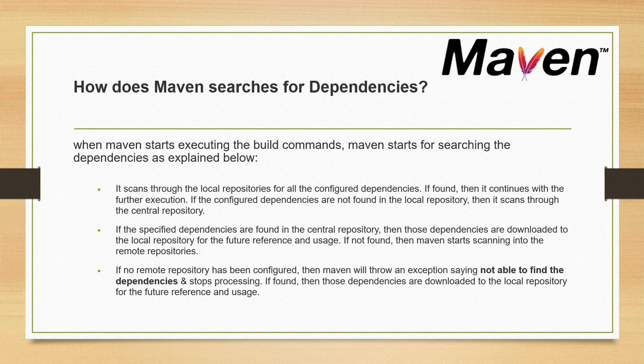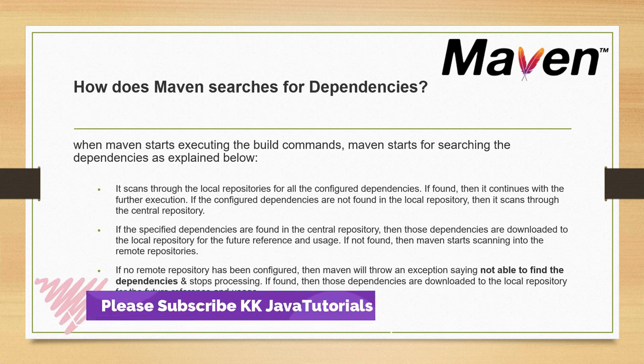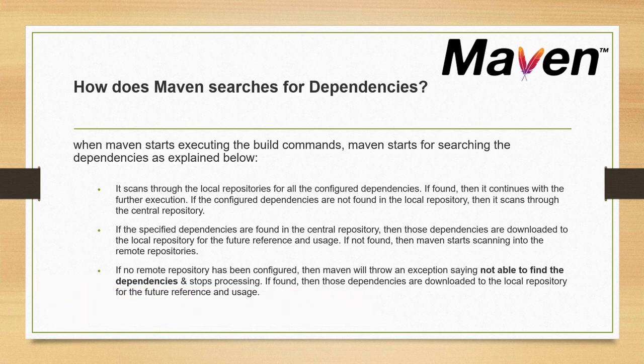So the third or last step is that if you have configured a remote repository, then Maven will try to download the dependency from the remote repository. If a remote repository is not configured, then this will throw an error and stop the processing with some error. If you have configured a remote repository, then all the dependencies will be downloaded, and that will be stored in your local repository for future reference and usage, right?